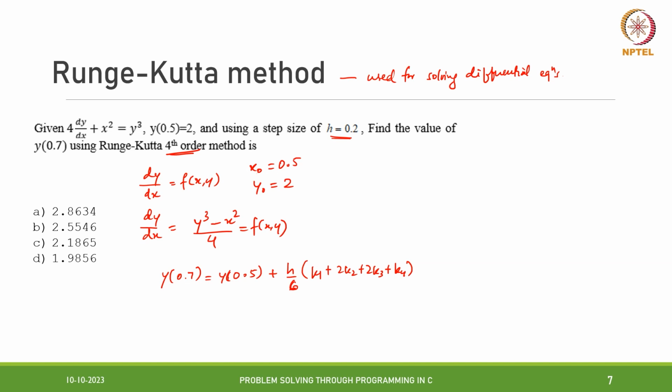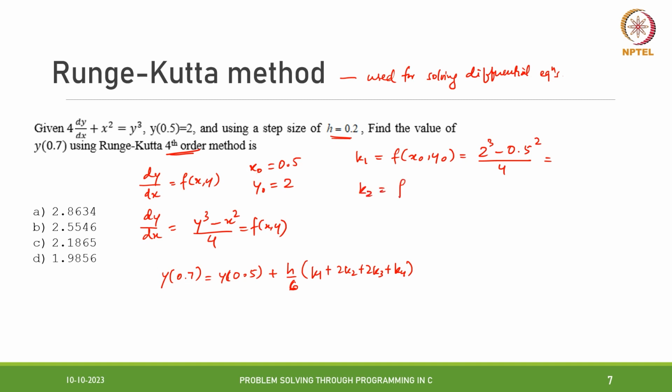Now what are these k1, k2, k3 and k4? So k1 I calculate as f of x naught comma y naught. That means just put these values into this function. So how much will that be? This will be (2 cube minus 0.5 square) by 4. You can calculate this.